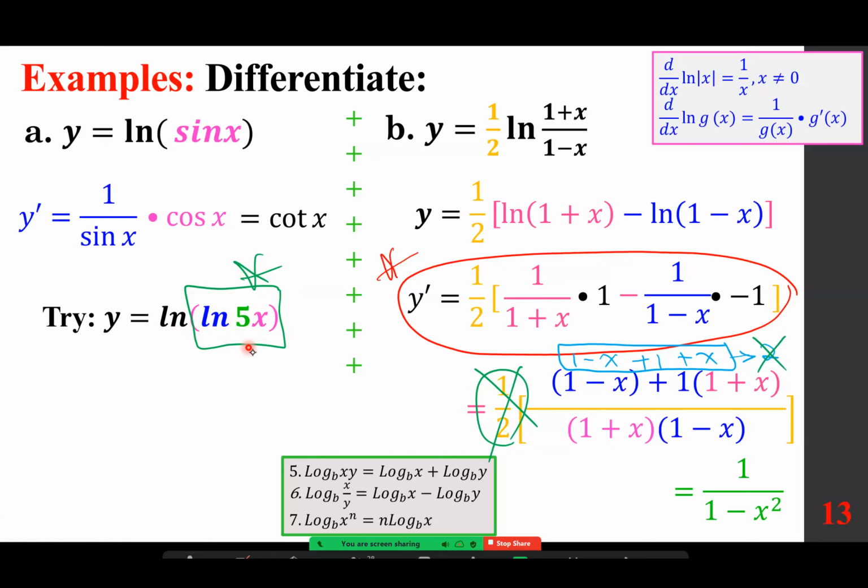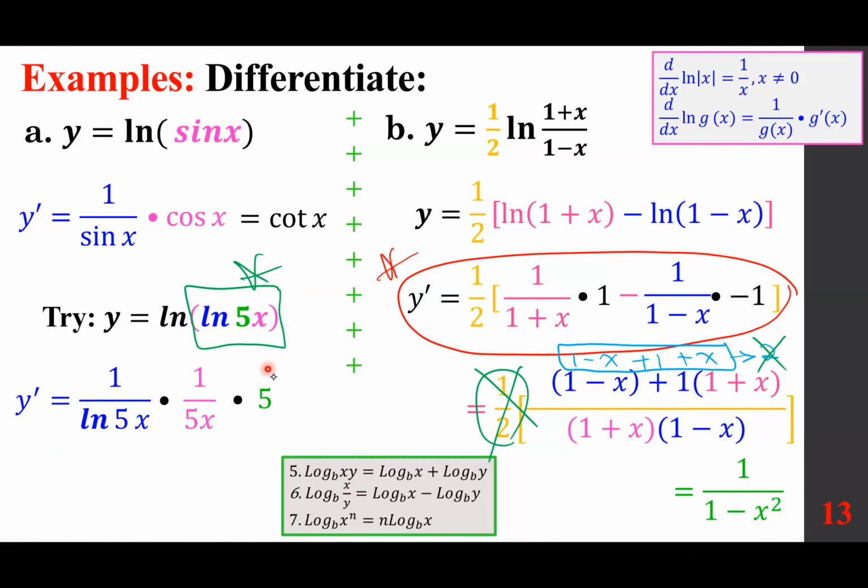So 1 over that. Now I need the derivative of this. So how do I take the derivative of ln of 5x? 1 over 5x. And then times its derivative 5. So I hope you see how we are making this work. It's very straightforward, everybody.